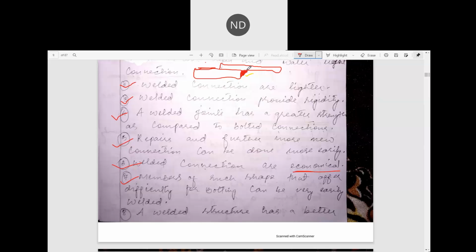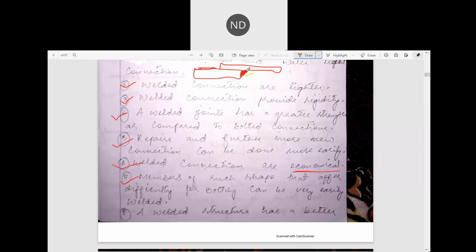So many floors are there, so whenever you make so many floors of greater height, you can use a steel structure, because it will be of lesser weight as compared to bolted connections.